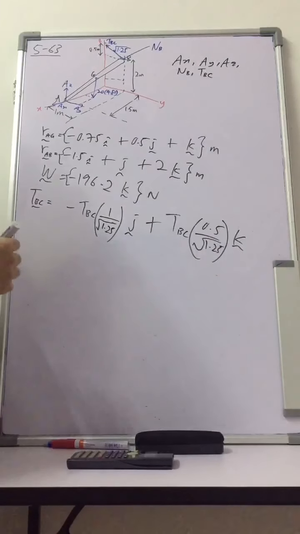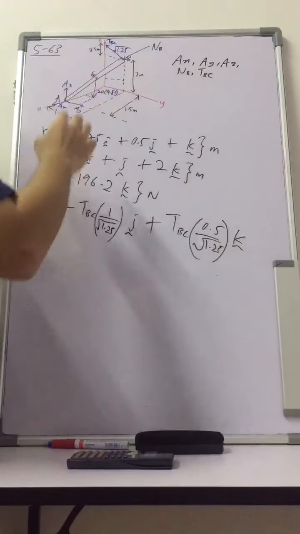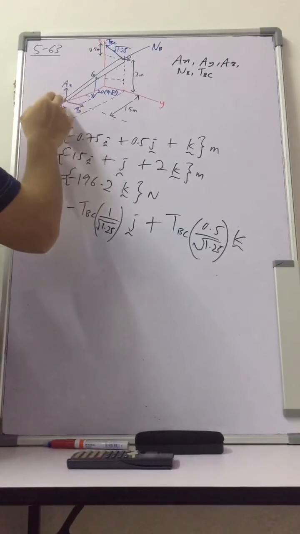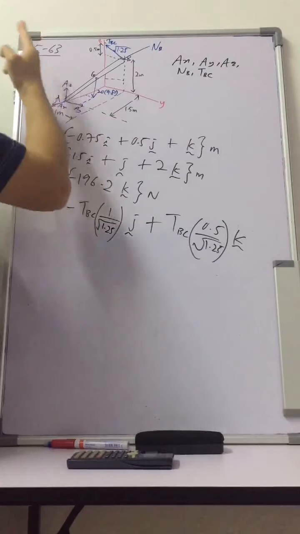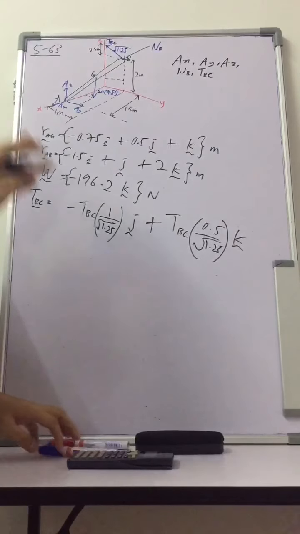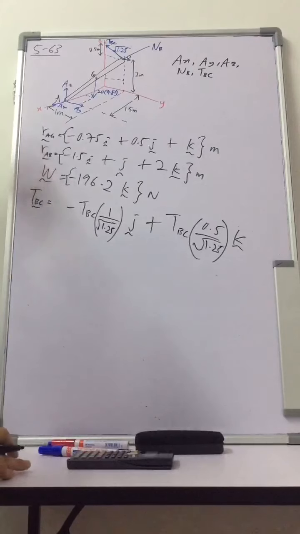And of course NB will be NB i, AX will be AX i, AY will be AY j, and AZ will be AZ k, right? So we have this. Why do we bother to have this? Because we need to use the vector form.